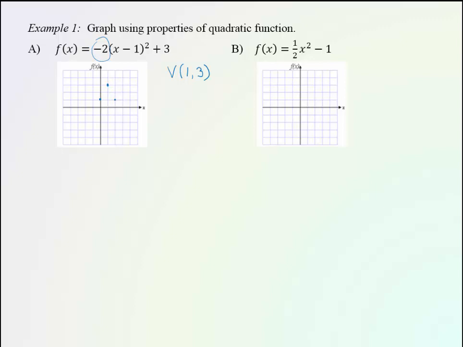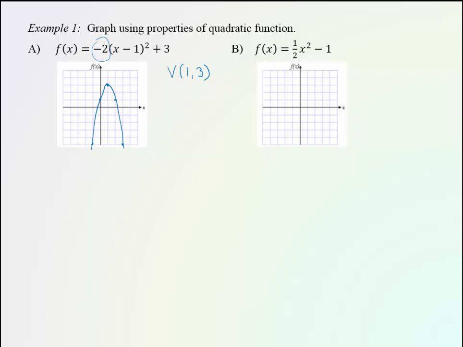Now with a parabola, if you go 2 steps across, then when you square it, 2 squared is 4. However, we multiply this by -2, so it will be -8 steps. 2, 4, 6, 8. The point will be here and symmetrically to the other side. That's how easy you can graph your parabola.